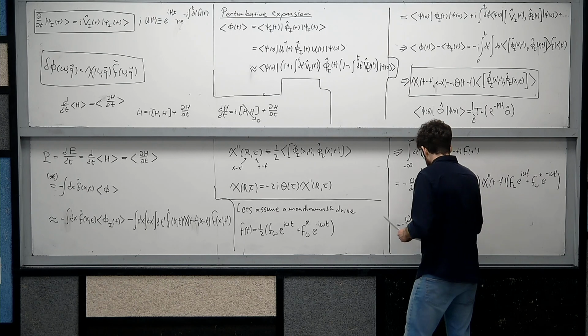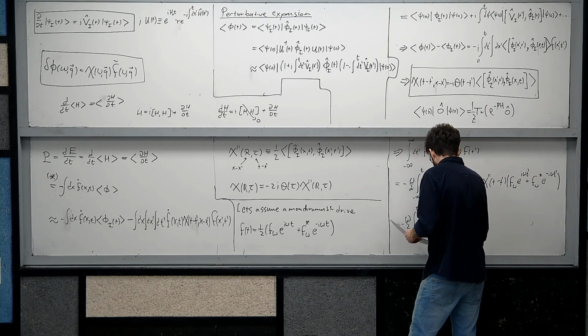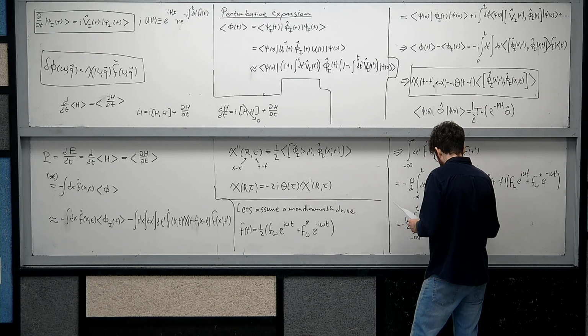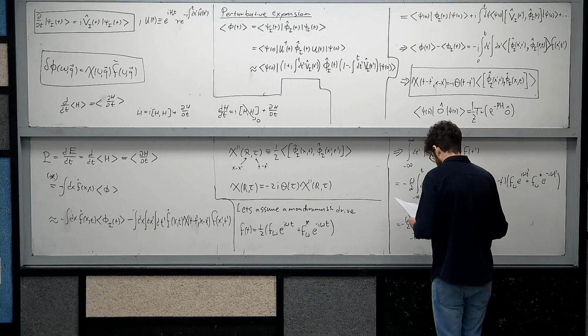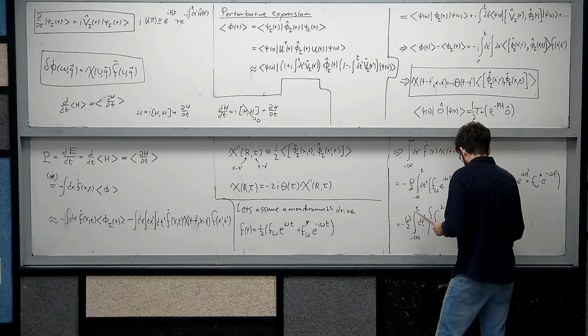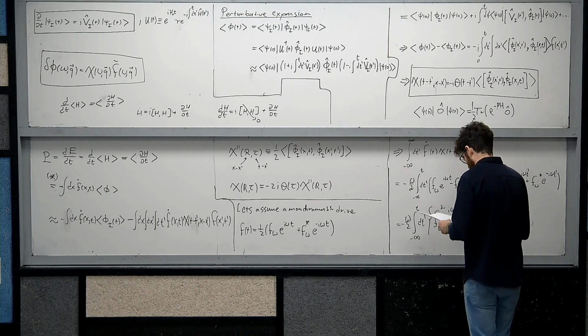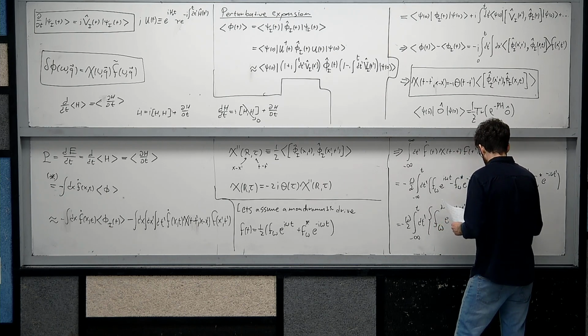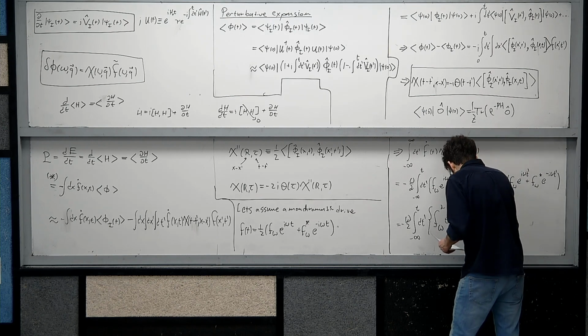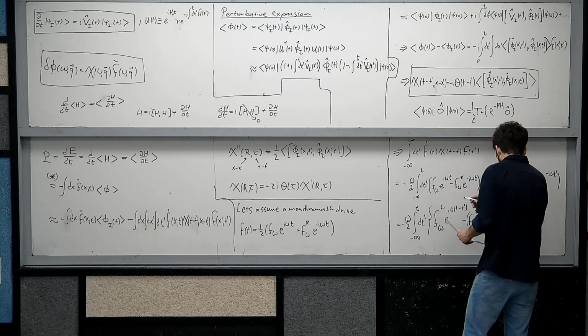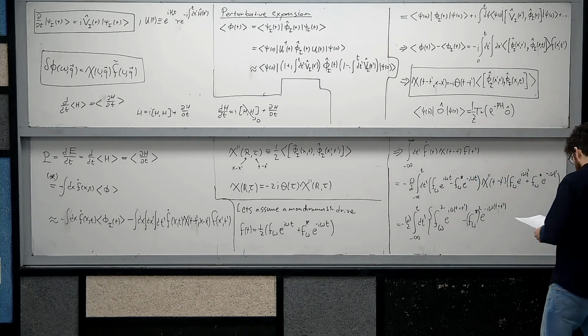I get terms that are like f omega squared e to the I omega (t plus t prime) minus f star of omega squared e to the minus I omega (t plus t prime). And then I have the cross terms.